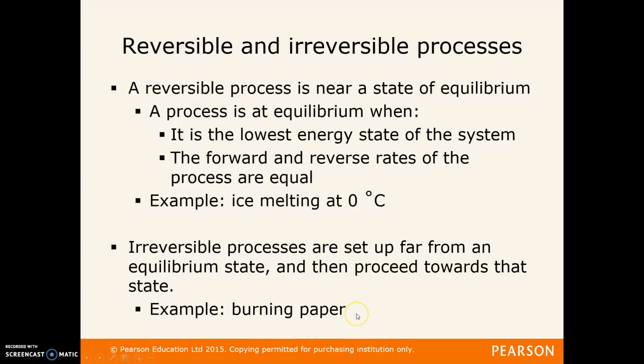When you have a sheet of paper, it is very far away from being carbon dioxide, right? And when you burn it, it is now, as CO2, very far away from being a piece of paper.